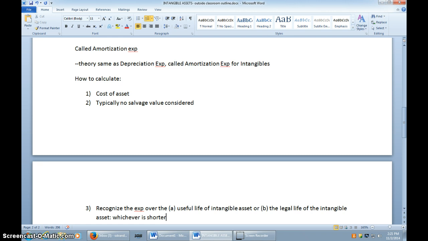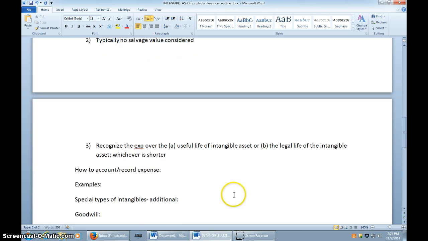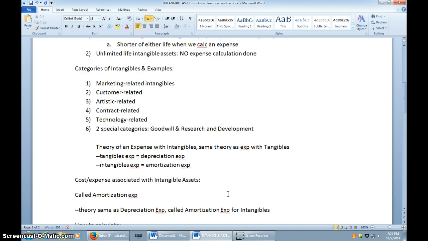So whichever life is shorter, that's what we're going to use to calculate the amortization expense.